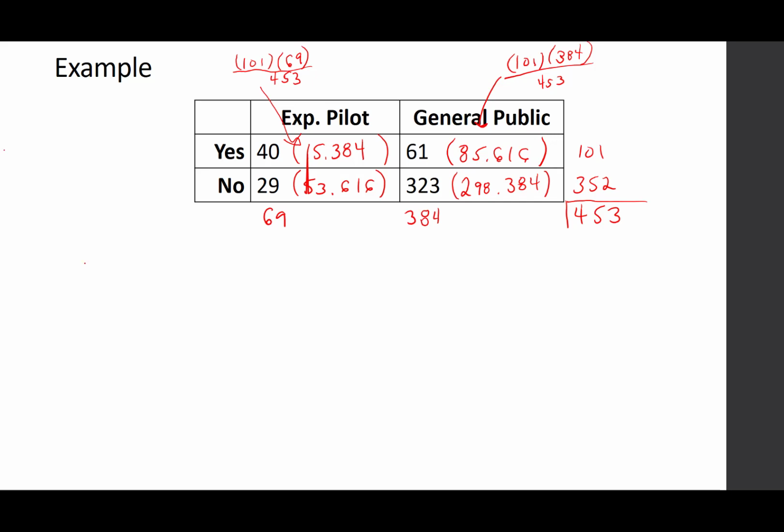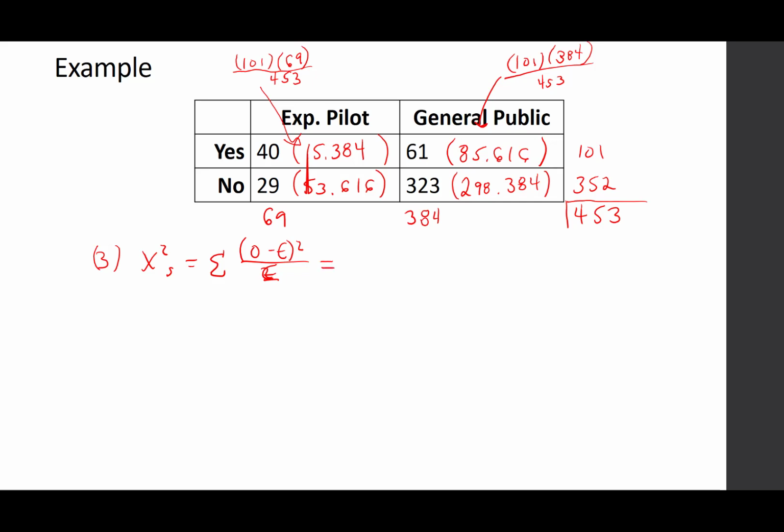Now we're ready to compute our chi-squared test statistic. And the test statistic is the sum for each cell of the observed minus the expected value squared divided by the expected value.